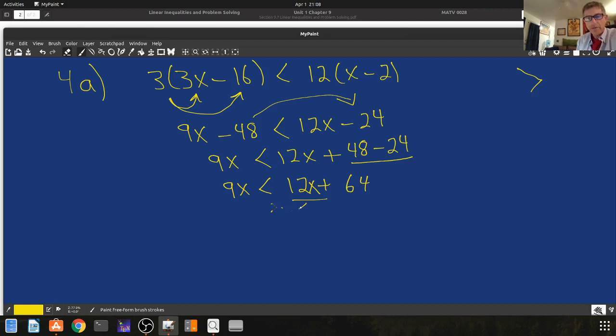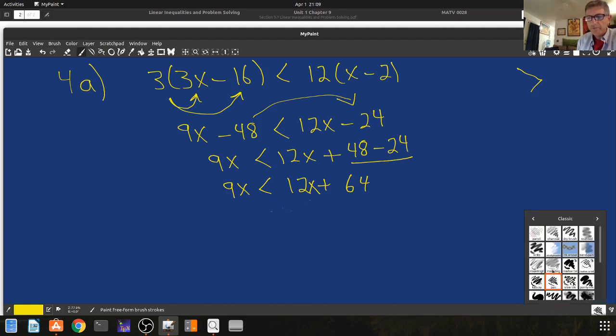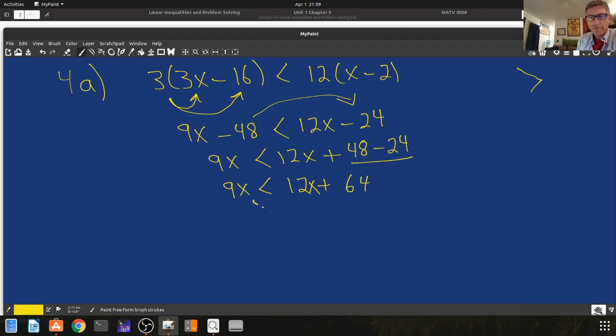and instead of moving the 12x, we have choices, don't we? I'm going to move the 9x over here. So when I move the 9x, 0 replaces it.